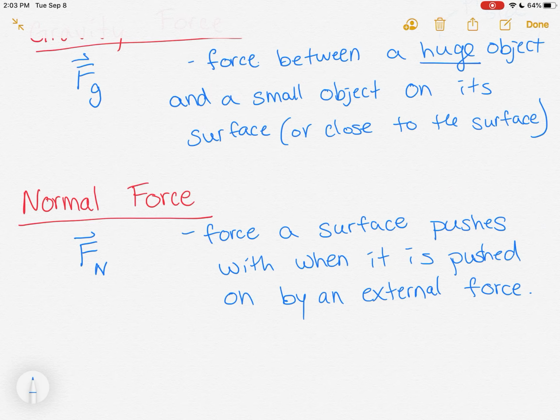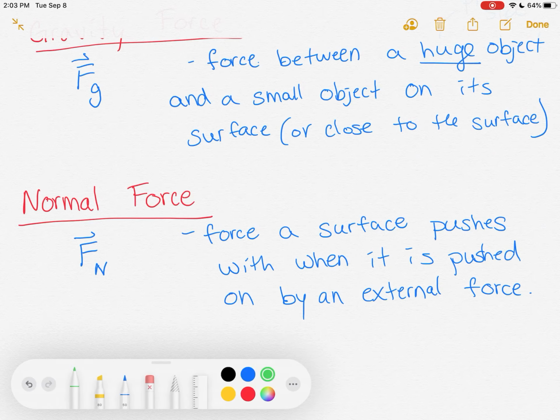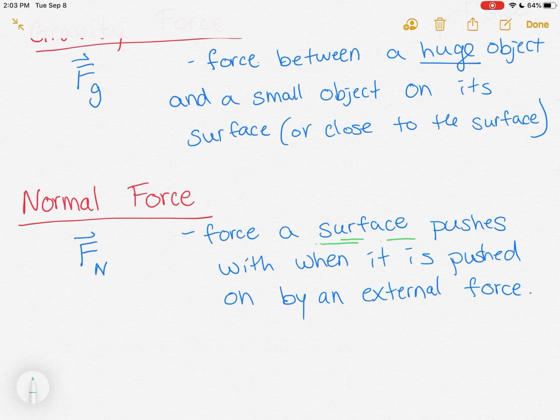In order for us to have a normal force, one of the most important parts is that we need to be dealing with a surface. We have to have objects that are in contact with each other, okay? And so we are going to do some examples with that about when there's a normal force and when there isn't a normal force once we get into drawing some diagrams.